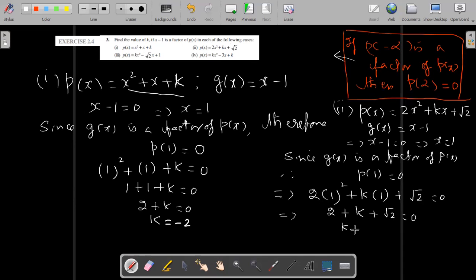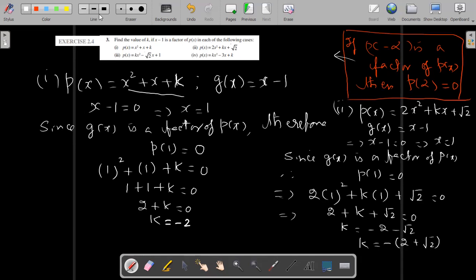Or you can bring both the numbers to the right-hand side: 2 will become minus 2, minus root 2. So the value of k is equal to minus 2 minus root 2, or you can take minus common: minus (2 plus root 2), same thing. Okay, so this is the value of k.